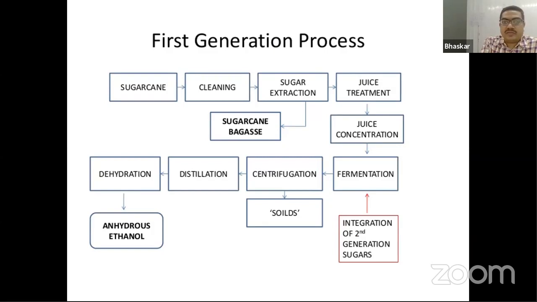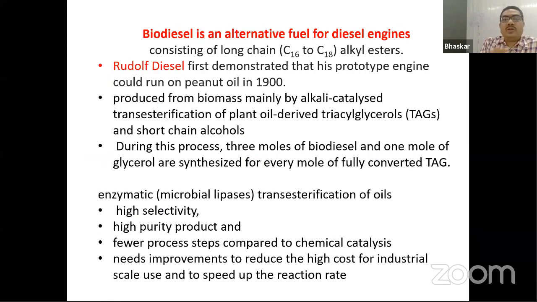First generation process we all know. So coming to biodiesel, it is a long chain alkyl ester ranging from C16 to C18. The first compression ignition engine, or the first engine, basically ran on a bio oil. It was not a biodiesel, but it was a biofuel. It ran on peanut oil in the year 1900.